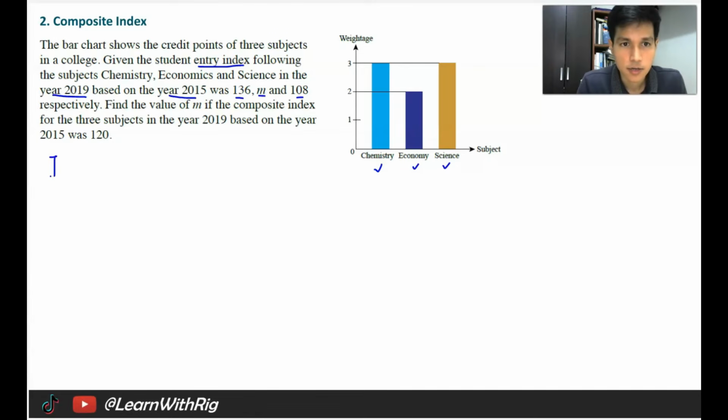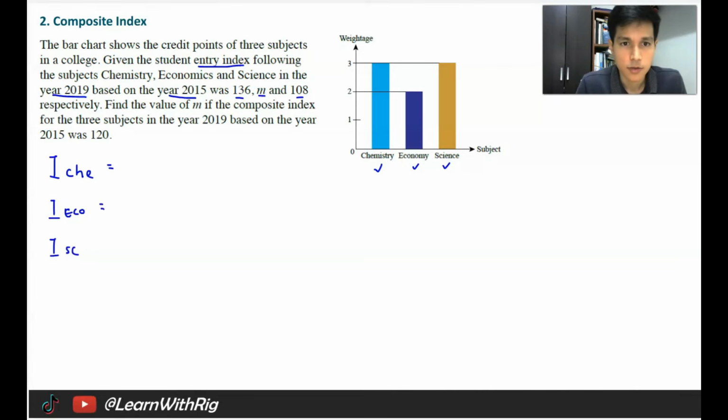Let's write here: index for 2019, index for chemistry, and then the index for economy and the index for science.